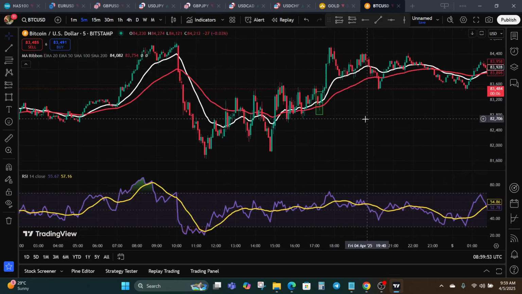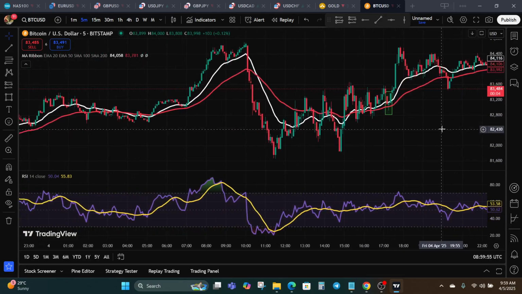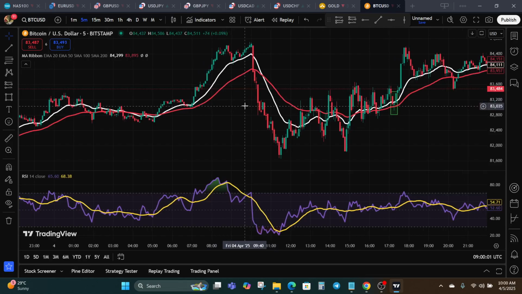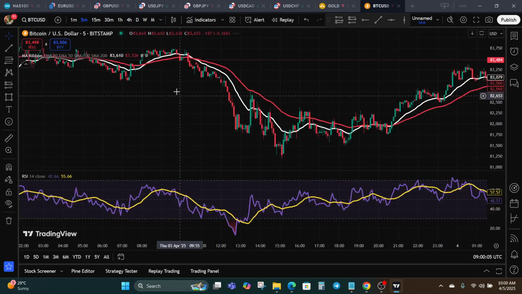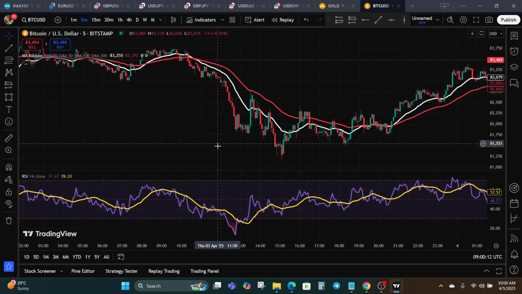So for a sell setup, you must have the 20 EMA below the 50 EMA and make sure that price pulls back toward the EMAs. Then make sure that the RSI is staying between 40 to 60, and it has to cross below the 50 level from above.